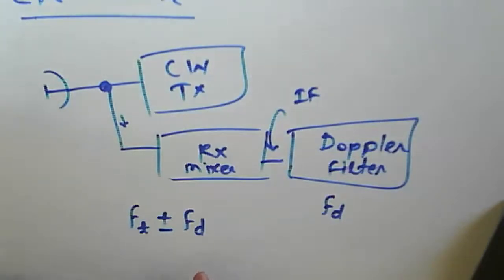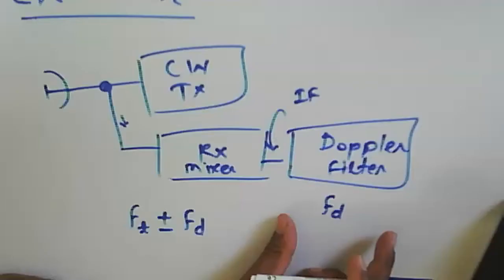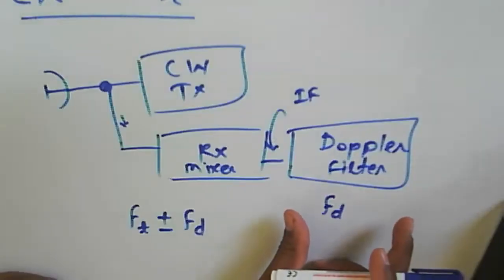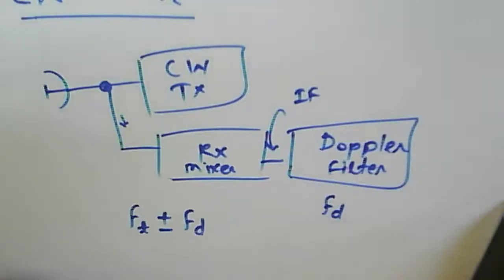Now here, what will be the variation in fd? According to that, we have to design a filter, and that filter will work at a wide band, because even a small variation in the frequency change has to be observed by the radar.